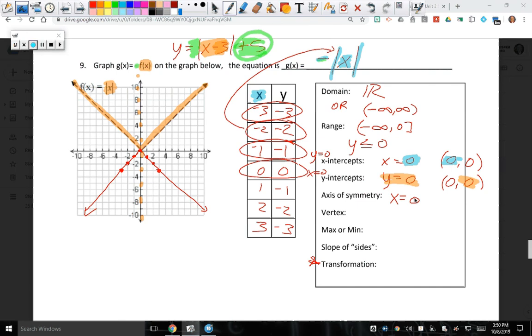Elijah, what's the vertex? 0, 0. Apurva, does this have a max or a min? A max. Okay. Fernaz, what is the max value? What would you write on a quiz? Y equals 0. Nice. Okay?